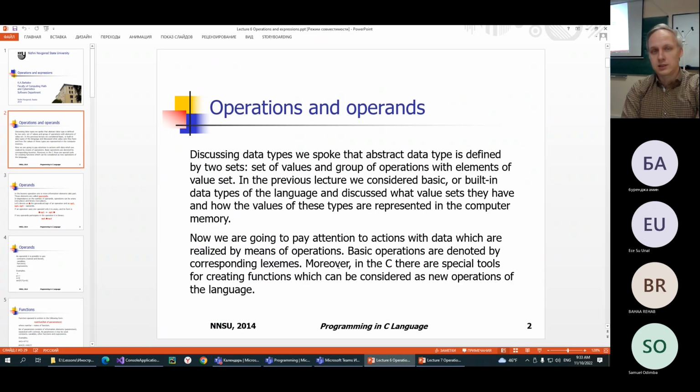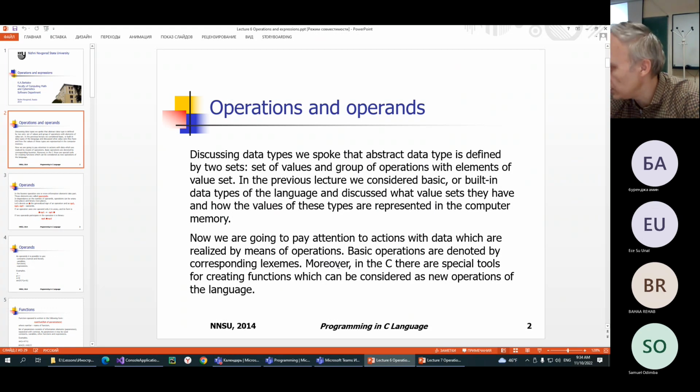When we discussed data types, we said that a data type is defined by two sets: a set of values and a set of operations. And these two sets are related. If we consider only positive integer numbers, we can apply just addition and multiplication.